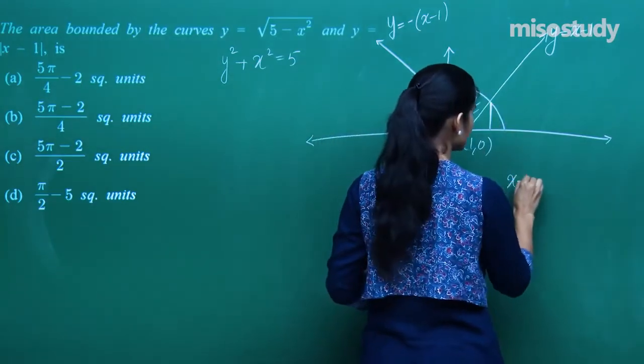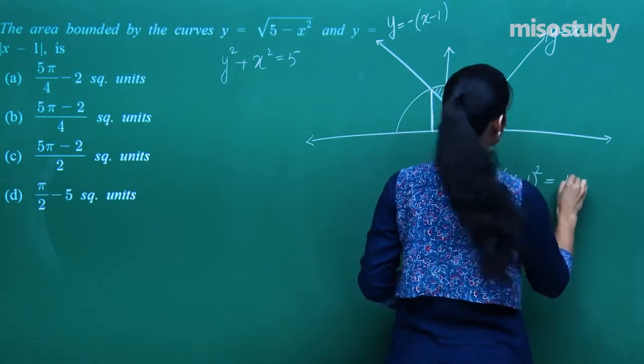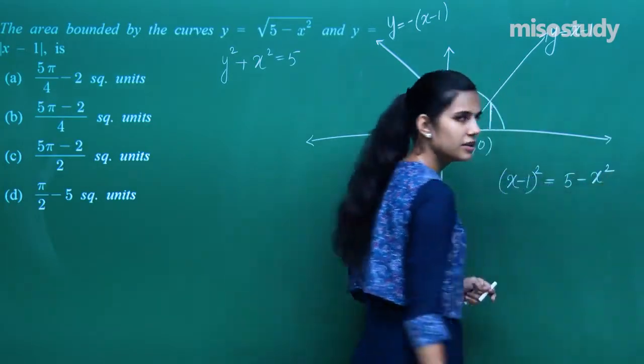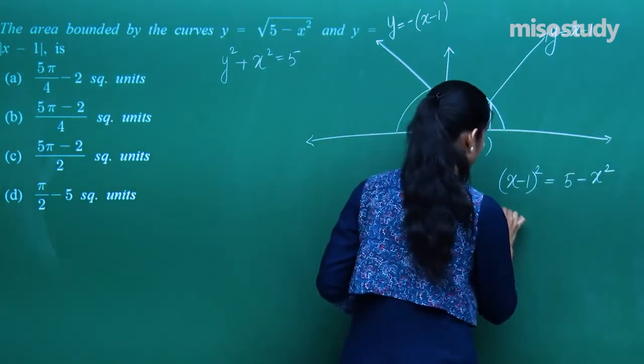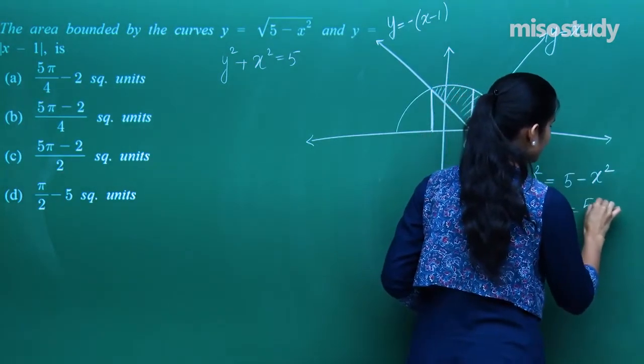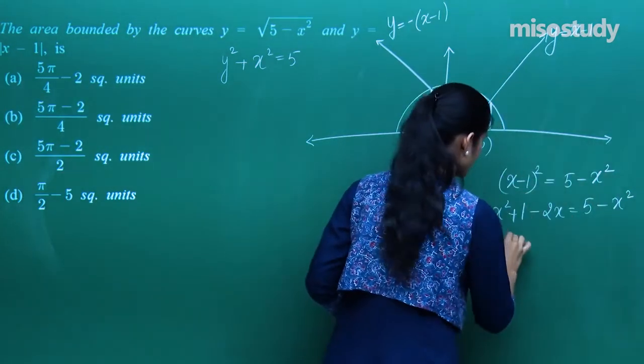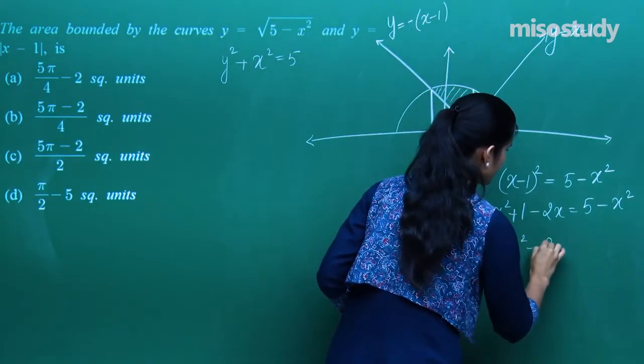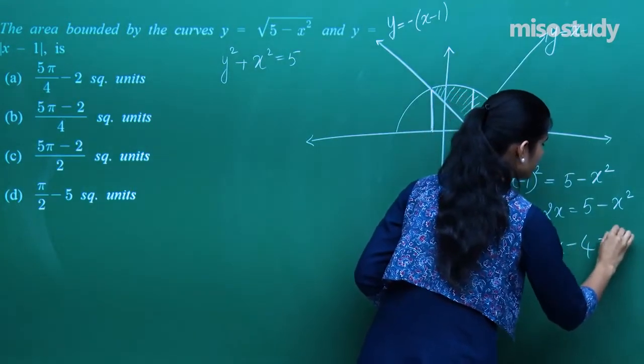If I put x minus 1 whole square equals 5 minus x square, what do you get? x square plus 1 minus 2x equals 5 minus x square. x square plus x square is 2x square minus 2x minus 4 equals 0.